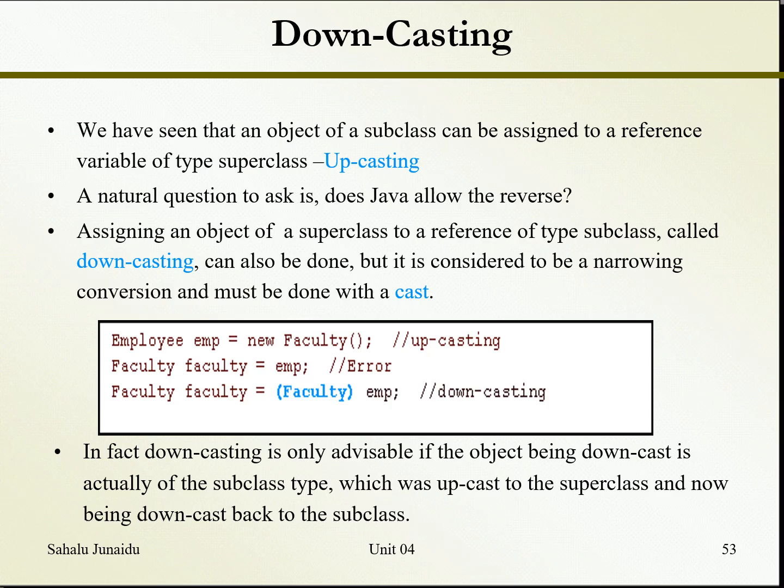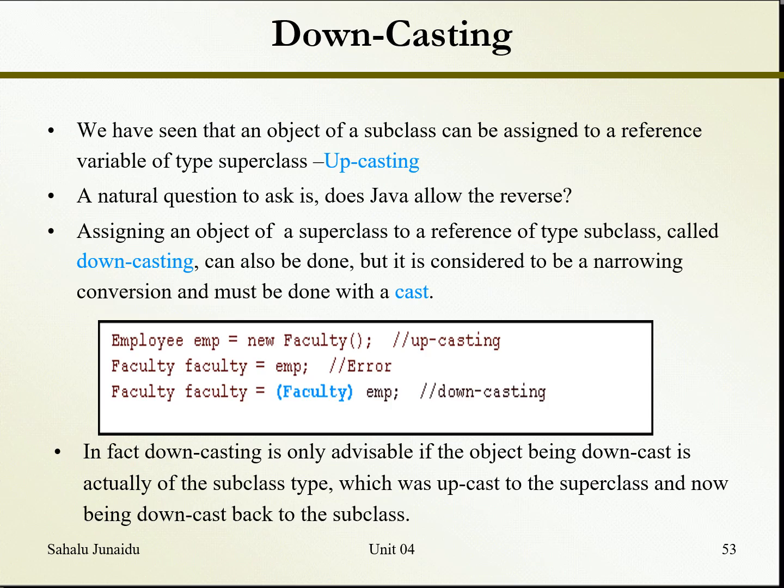So this is what this one is saying. We know a faculty member is an employee. Fine. So we see now an object of type faculty is assigned to a reference of type employee. That's fine. We're only saying that a faculty member is an employee.